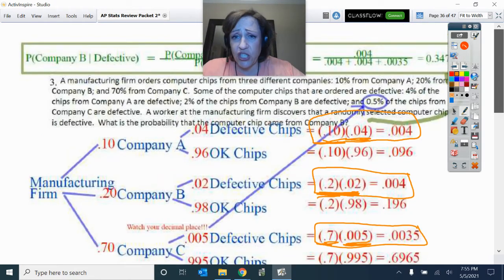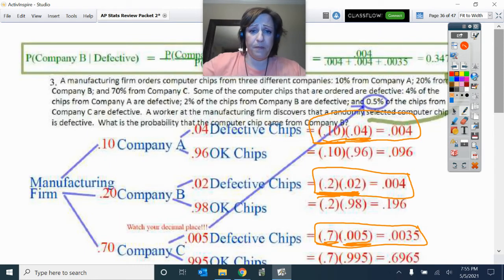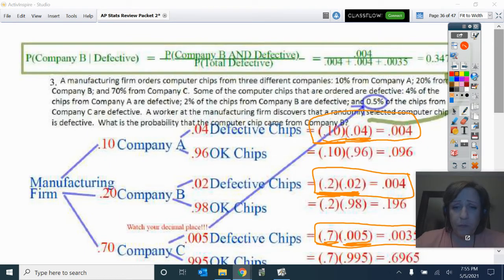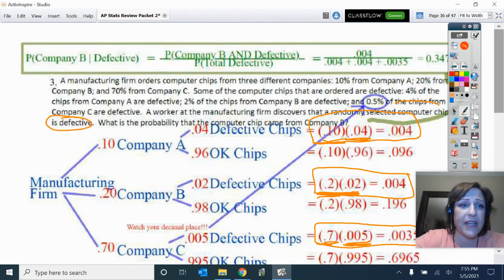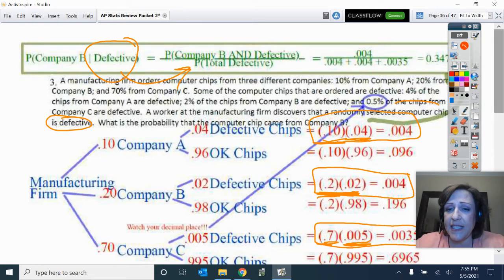So when the question is asked, given that they discover a computer chip that is defective, so given that it's defective, out of these three pieces, total that up to get the defective total. And that's me adding those pieces together.